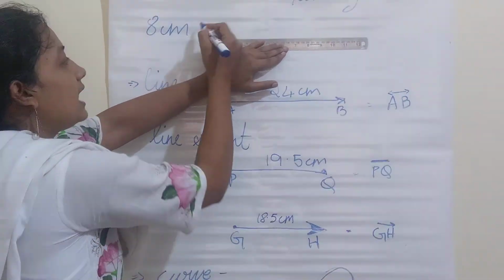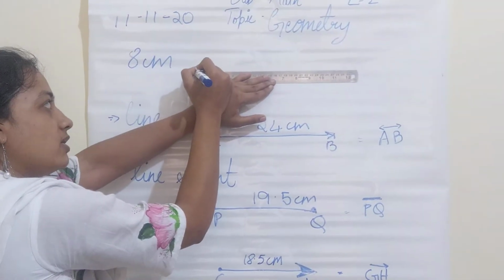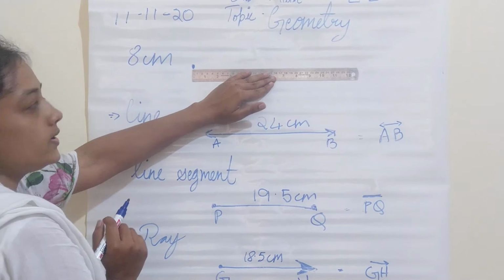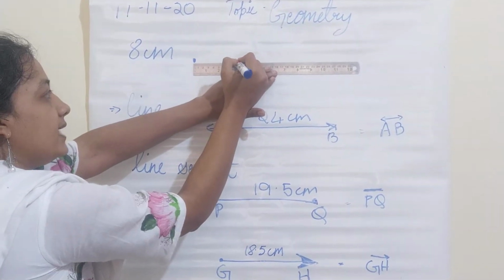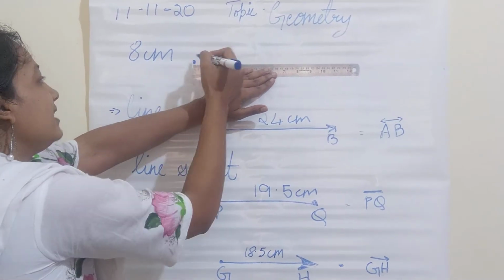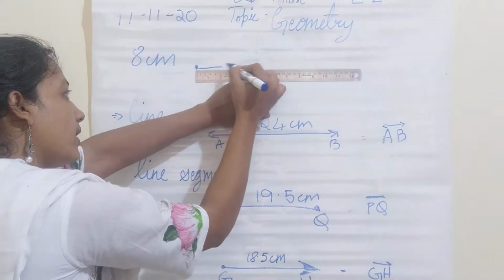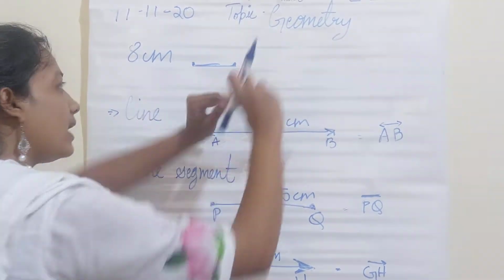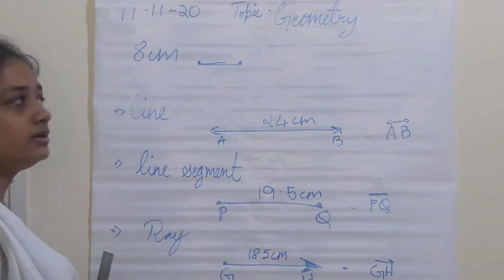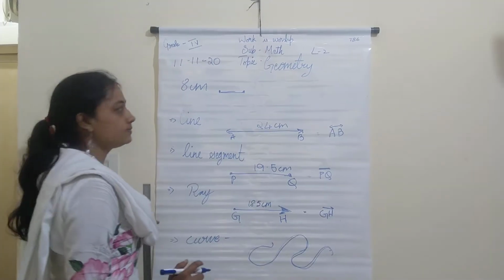Start from the 0. Mark a point. Okay? And where you have 8, mark a point there also. Then join these 2 points using the scale. So now I have drawn a line of 8 centimeters.